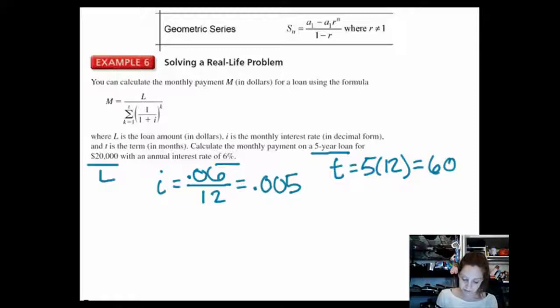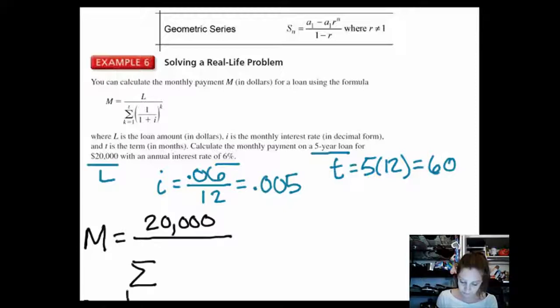Okay, now set up the formula. So monthly payments in dollars equals 20,000 over the sum of, k equals 1 to T, T is 60.